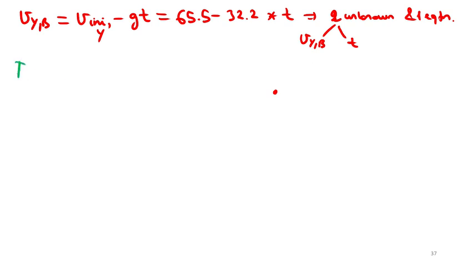So let me add it. It's about finding an additional equation to solve the problem. So I will go with the t. You can go with the vy, it's up to you.